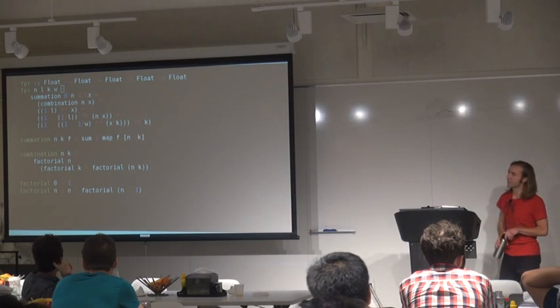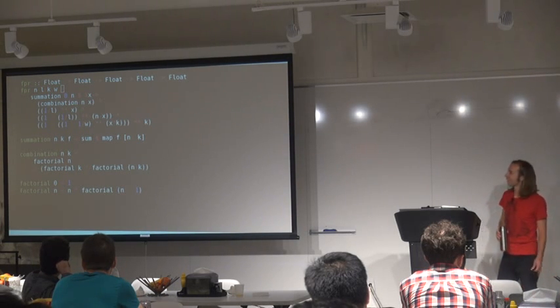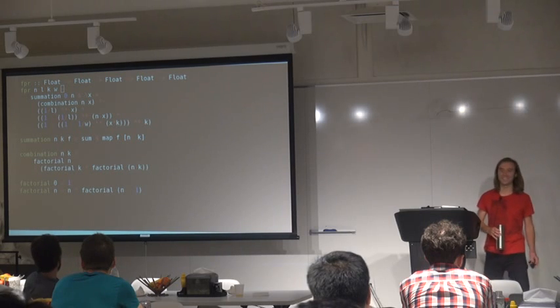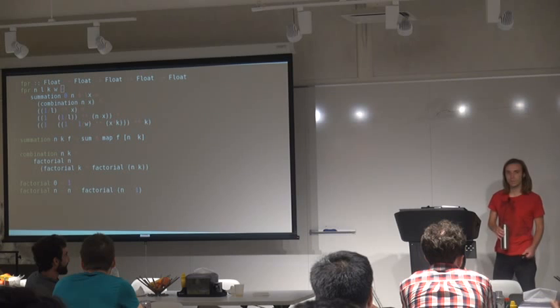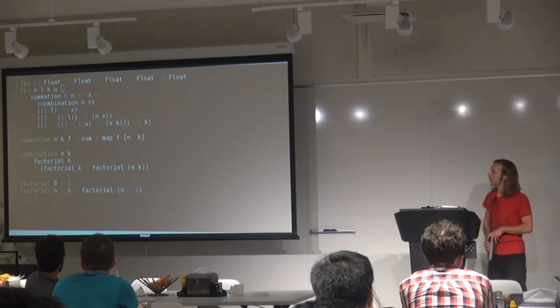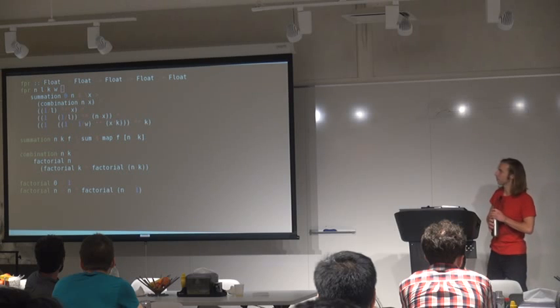Okay, because I didn't do bang patterns. Not having to do with that strictness. It's a fair translation from the equation.